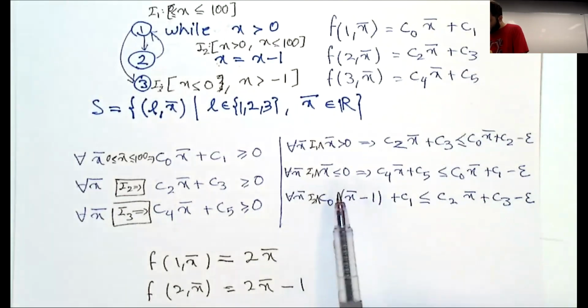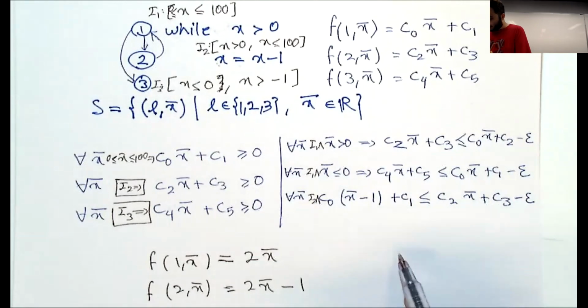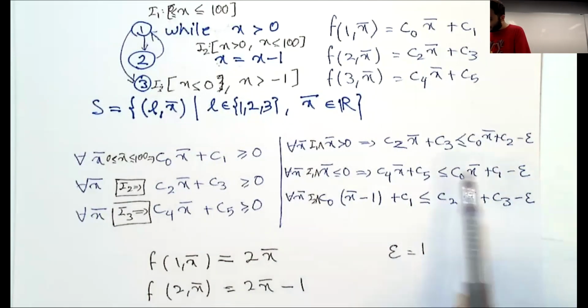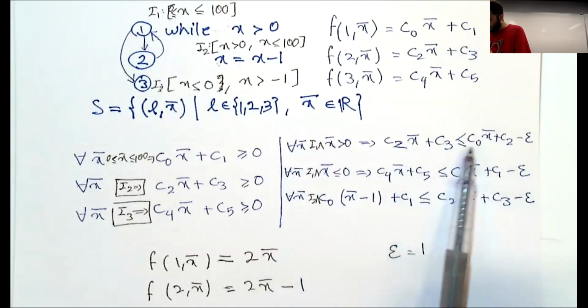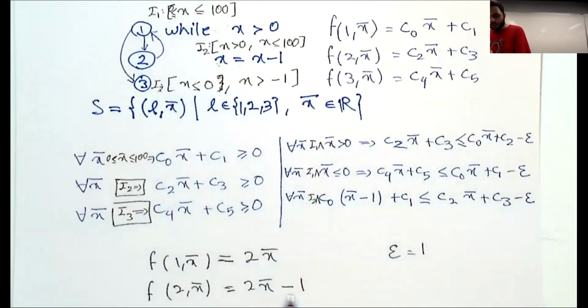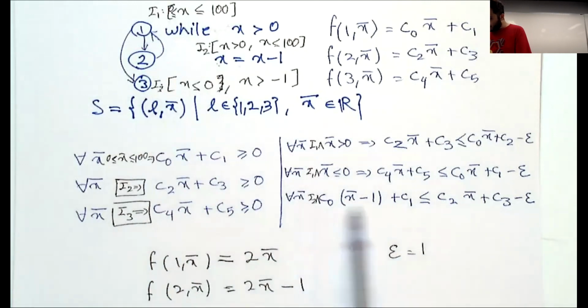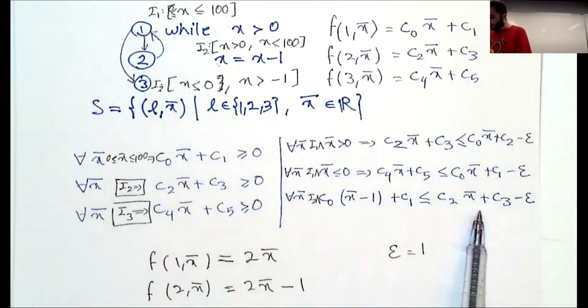So this one's definitely satisfied, right? And I can just put epsilon equal to 1. So this is satisfied because when we go from line 1 to line 2, our value decreases by at least 1, which is what this condition says. What happens when we go from line 1 to line 3, where our value should also decrease by at least 1, right?